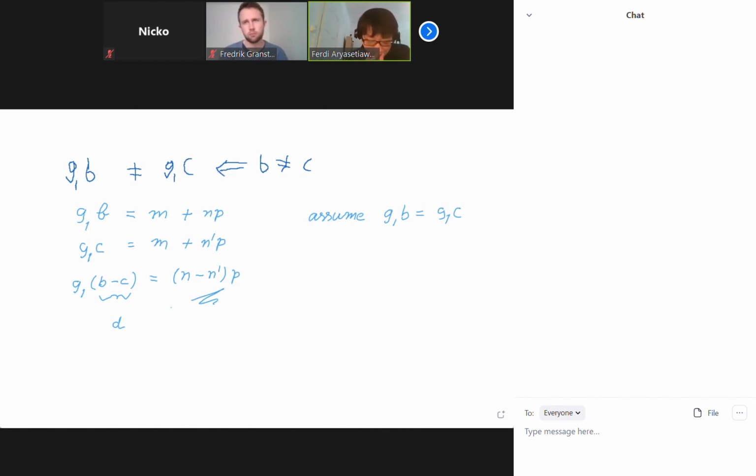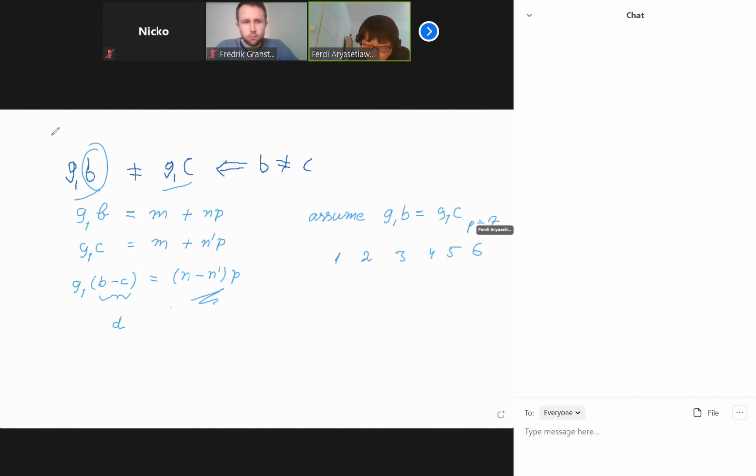Okay. So this implies that if b is not equal to c, then these two must be different. And then if I go through all the possible elements of b, then one of them must be equal to 1. Yes. So let's say we have 1, 2, 3, 4, 5, 6. Let's say we have p equal to 7 like this.